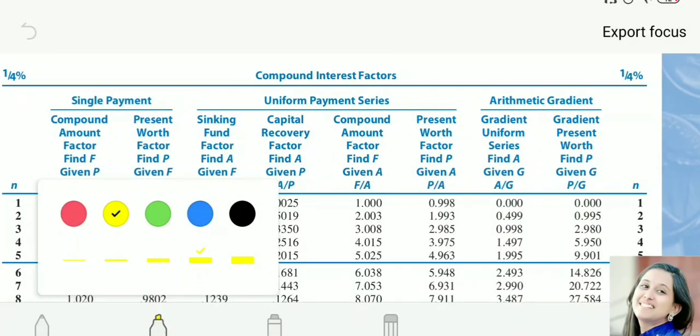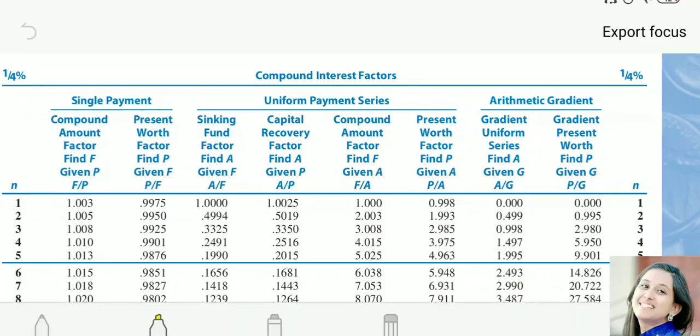Whatever kind of numerical you get, just check here at the right end corner and left end corner, where the percentage is given. It is the rate of interest given to you in the numerical. These are the different aspects of the numerical which will help you to solve, either compound amount or present worth and so on.